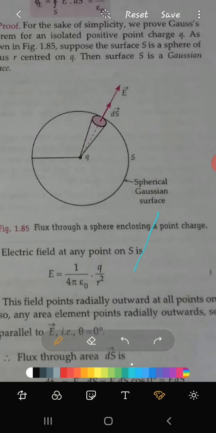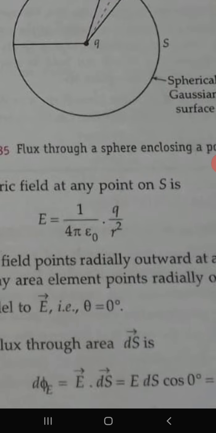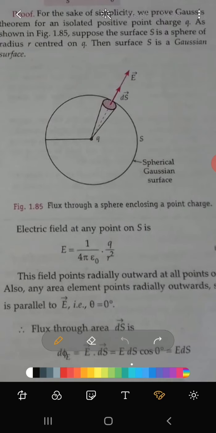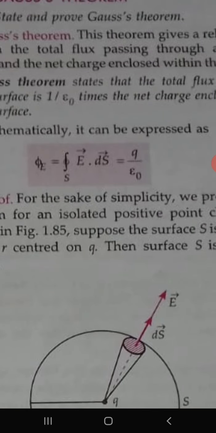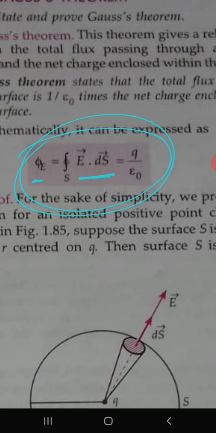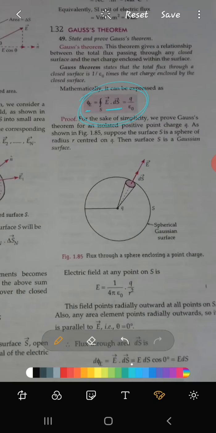Already we have done this point previously, before the electric dipole. And theta is 0, so cos theta will be 1. So according to this formula, we can write phi E is equal to integral of E dS, isn't it? So up to this step, it is very clear to all.